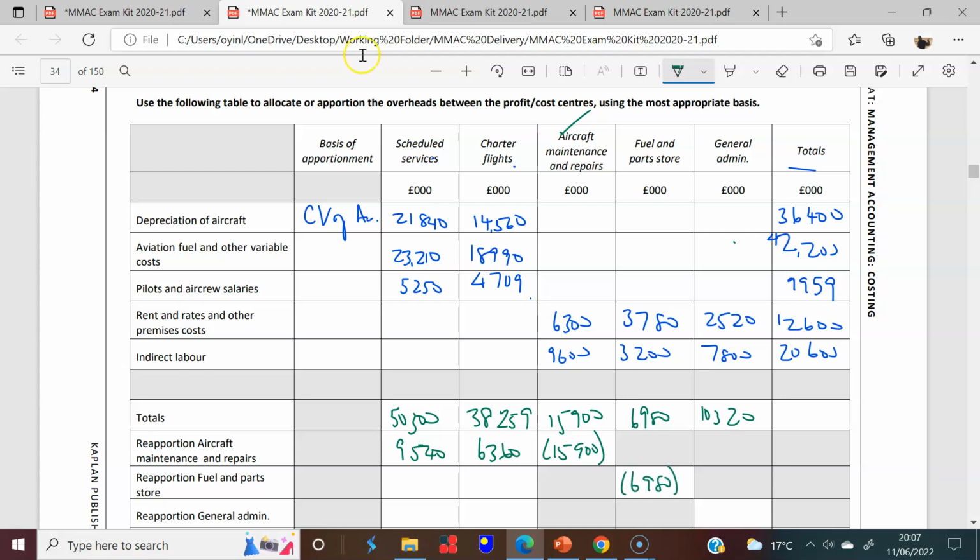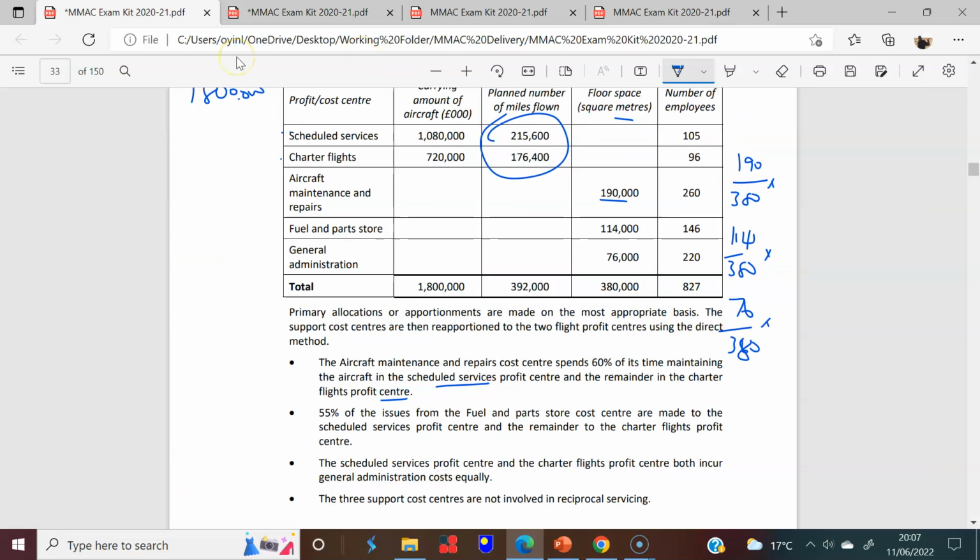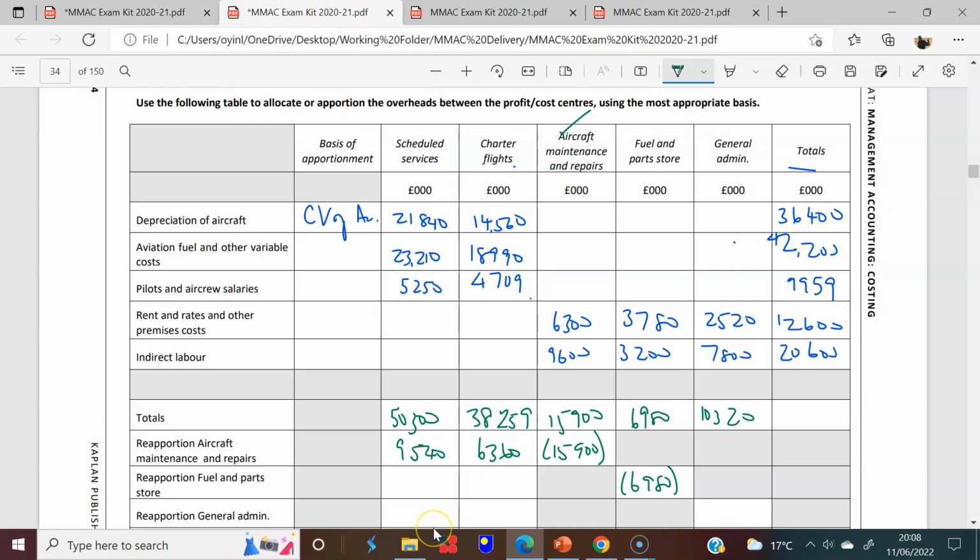The question says that 55% of the issues from fuel and parts go to scheduled, and charter 55-45. So 55% of that 6,980, 3,839. 3,839 minus the 6,980, 3,141.